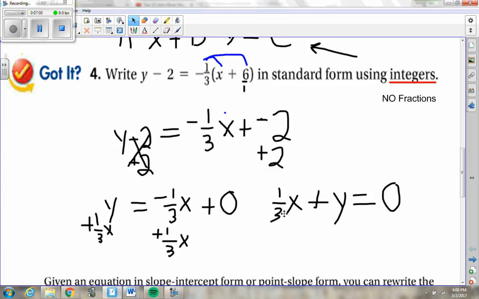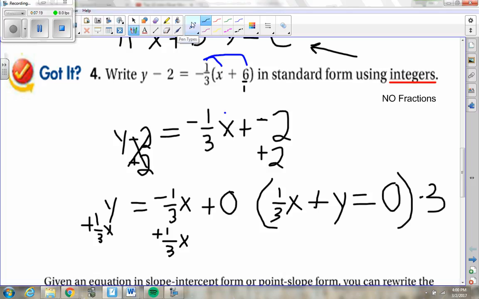So I have this 1/3 x right here, and in order to get rid of that, I'm going to multiply this entire equation by the denominator of my fraction. I'm going to times everything by 3, and what I end up with will be a proper equation in standard form.